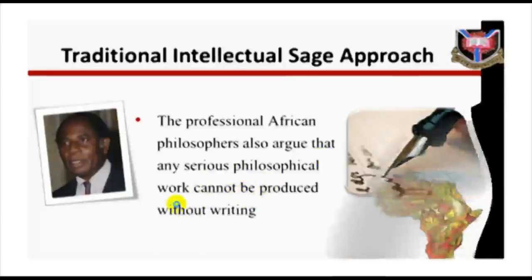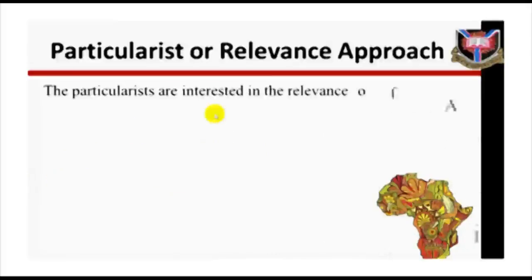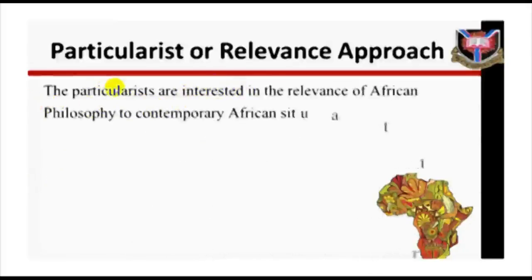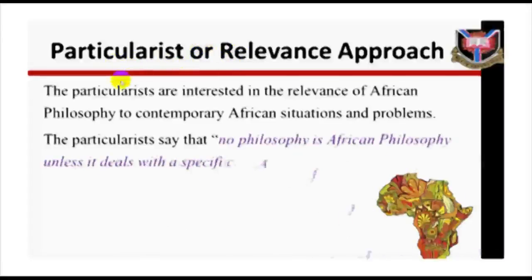Particularist or relevance approach. The professional philosophers represent the 4th trend in Odera Oruka's classification of the various trends in African philosophy. We will talk more about Oruka and his 4 trends in African philosophy in the next section.